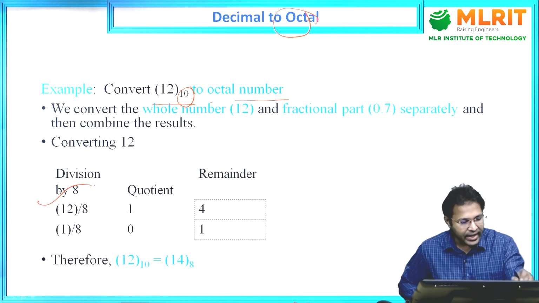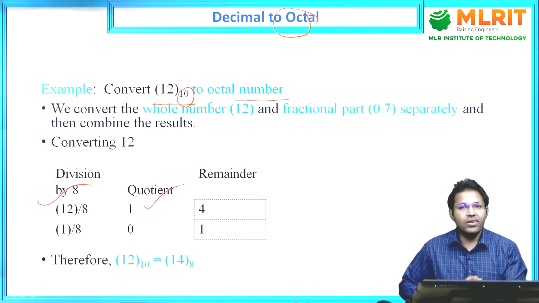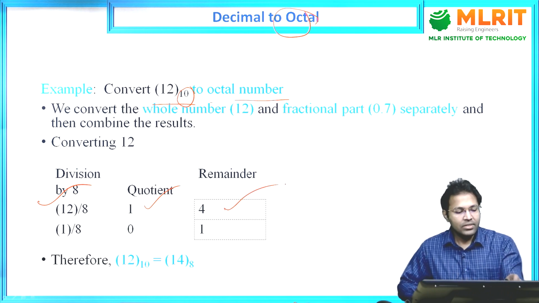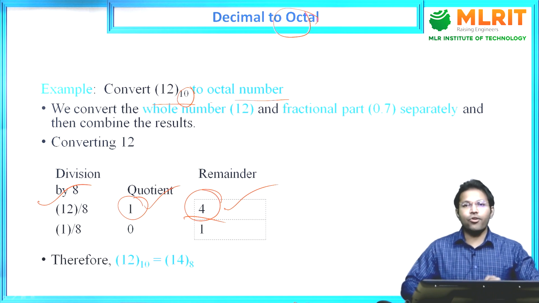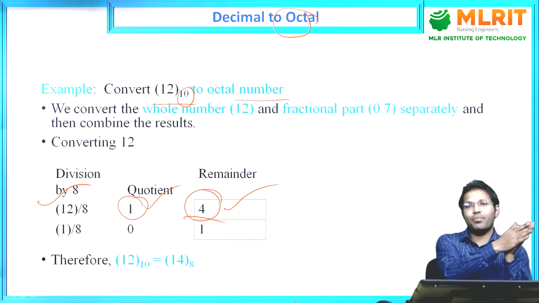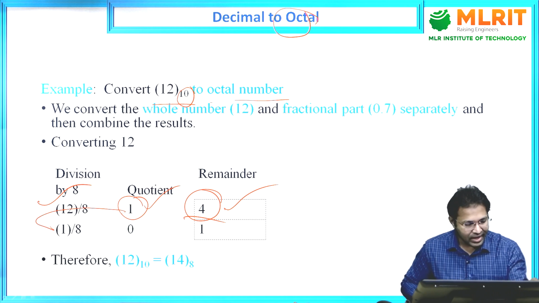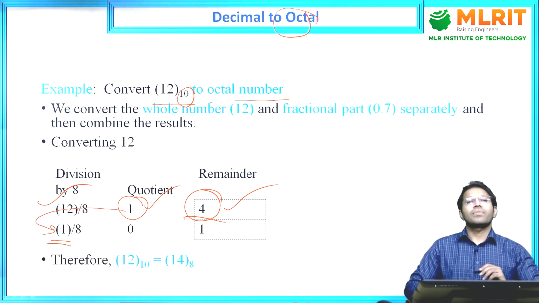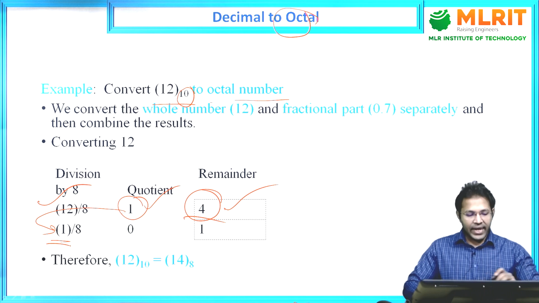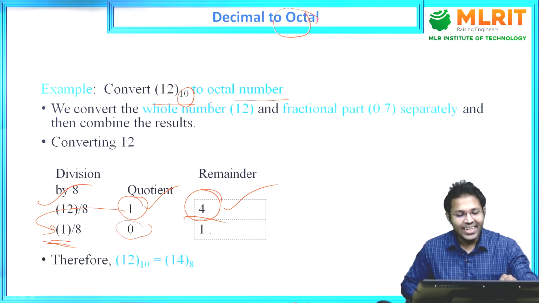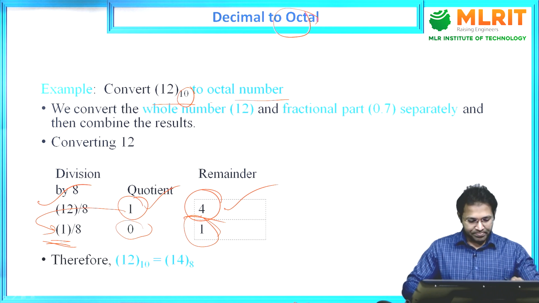So 12 by 8, quotient is 1, 8 into 1 is 8, and the remainder is 4, since 8 plus 4 gives us 12. Then we again divide by 8: 1 by 8, quotient is 0, and the remainder is 1.